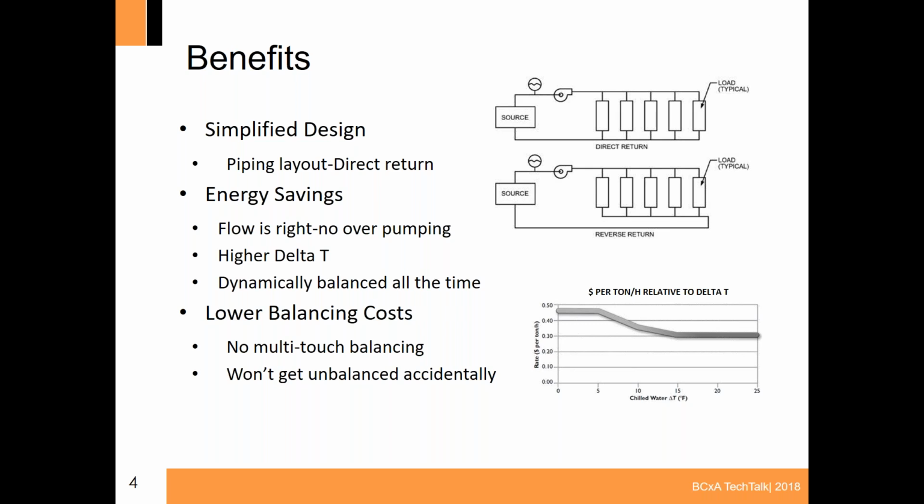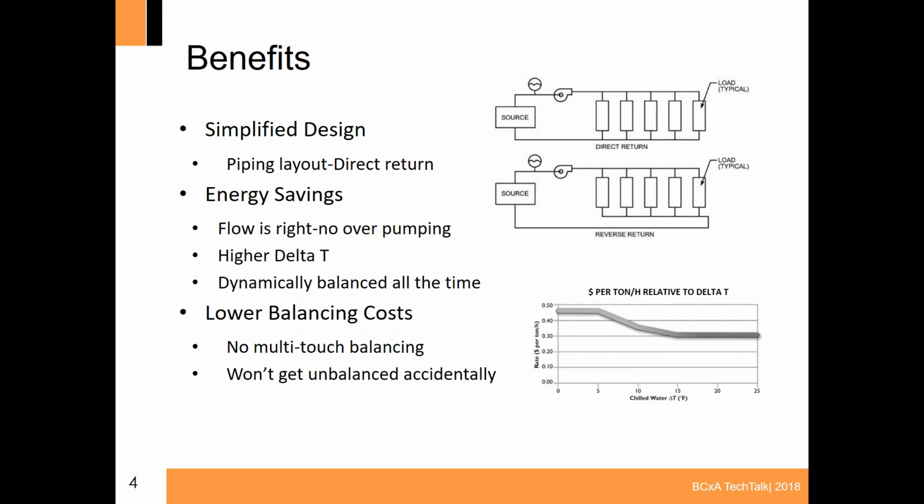So, and then if you take a look here, going back on the energy savings side, interesting chart to take a look at on the lower right there is the dollars per ton hour relative to delta T. So when you take a look at a system that's designed around, say, 10 or 12 degree delta T, you're looking at 30 cents per ton hour when you're properly controlling in the 10 to 12 degree range.